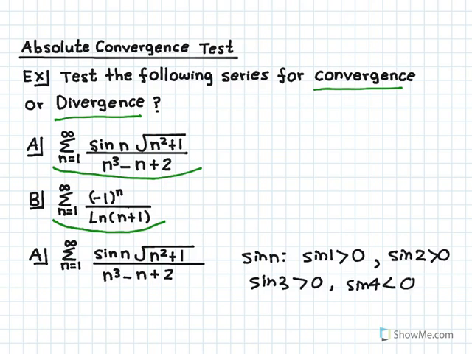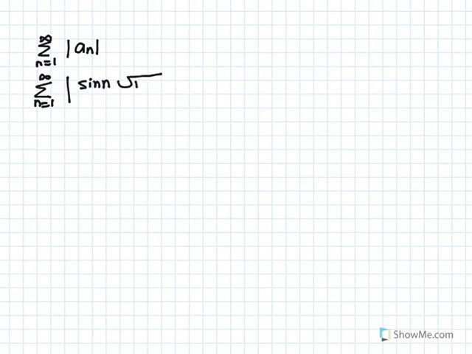But it's not alternating, so we can't apply the alternating series test, so we should look at doing an absolute test. So let's look at summation n equals 1 to infinity of the absolute value of a_n. So we have summation n equals 1 to infinity, absolute value of sine n times root of n squared plus 1 divided by n cubed minus n plus 2.